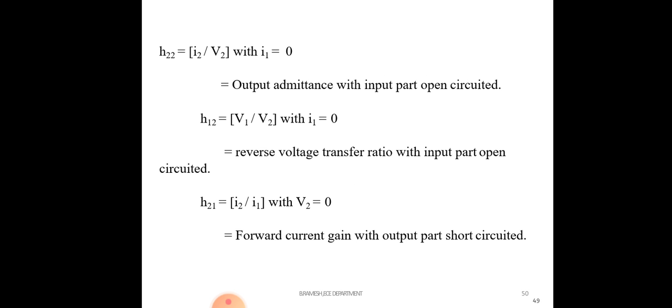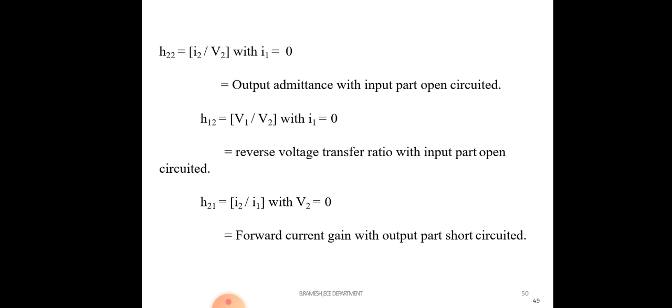Then h22: here we are making I1 equal to 0, so you will get the output admittance, I2 by V2. This is the reciprocal of impedance, so we can write admittance y0 is equal to I2 by V2. Then similarly h12, when I1 is constant at 0, you will get the reverse voltage gain.